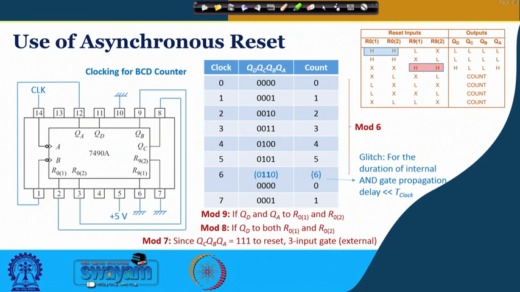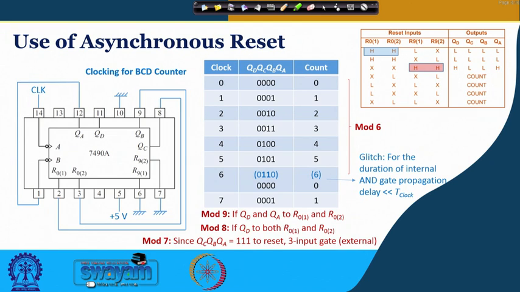And in IC 7490A we had seen that there can be a preset of 1001 as well. Again there is an internal AND gate. We were surprised why that internal AND gate is there, why not only one pin.